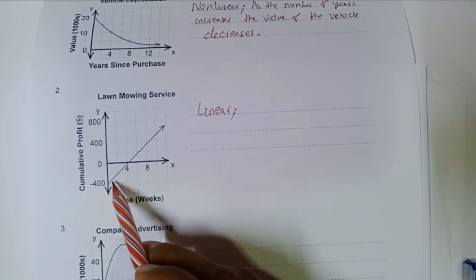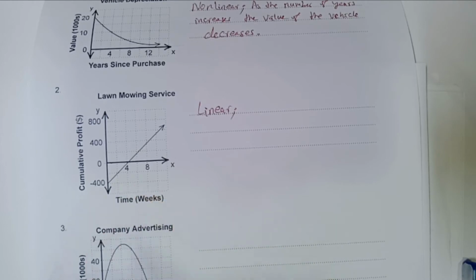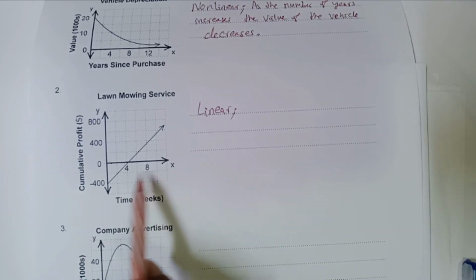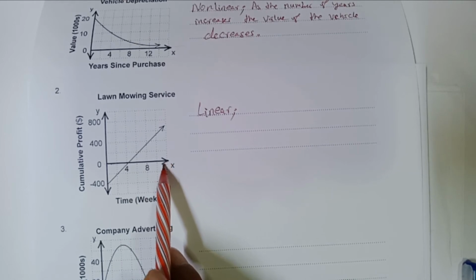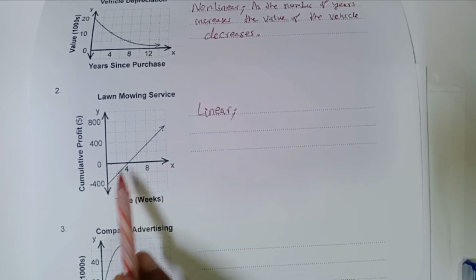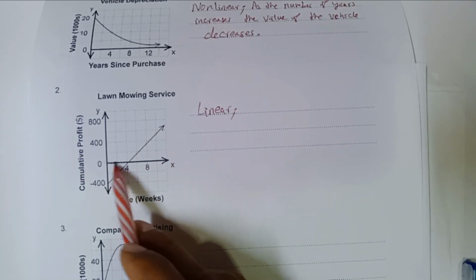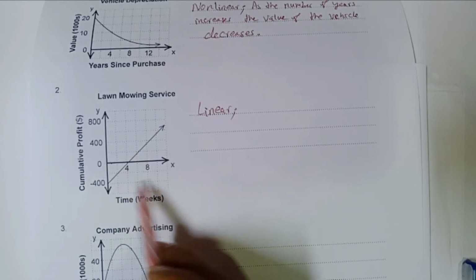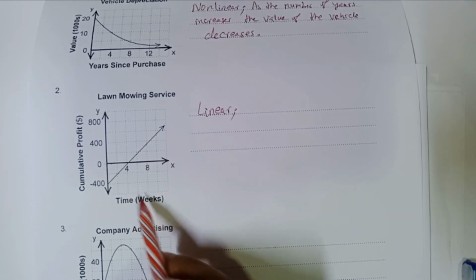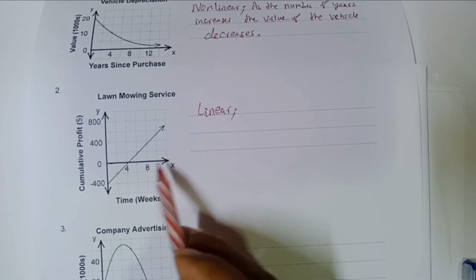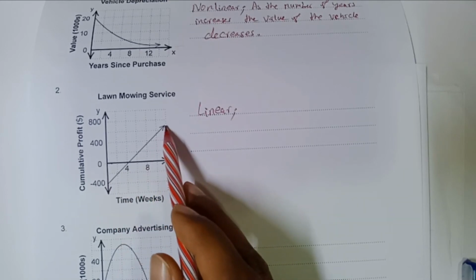So as the number of weeks, this is the time, increases, the profits will increase. We can say as the time increases, but I would prefer to be specific. As the number of weeks increases, the profit will increase.